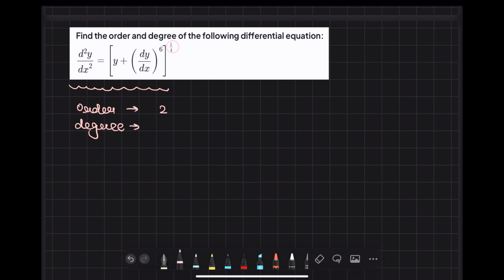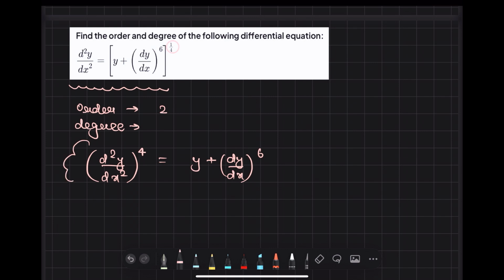So you will have d2y by dx square power 4 equals y plus dy by dx power 6. This is the highest differential, 2 times, and this is only 1 time. Among both of them the highest is this, and the highest power of this highest differential is 4. This means degree is 4. I hope this question is clear. For degree, first you convert it into polynomial, then you respond.